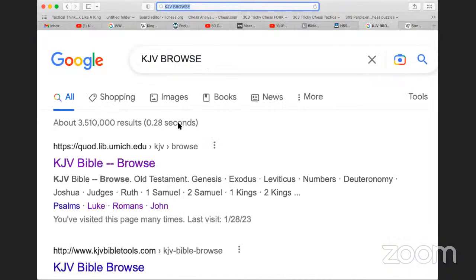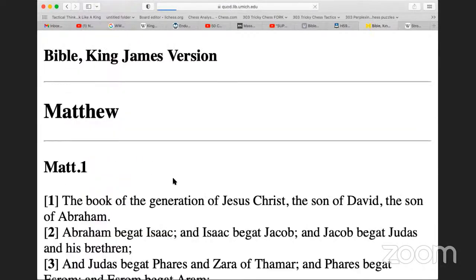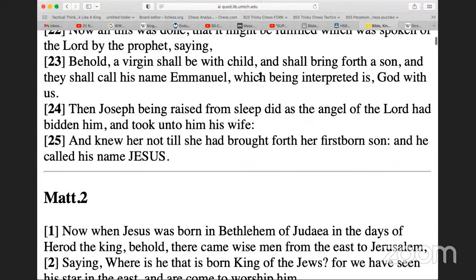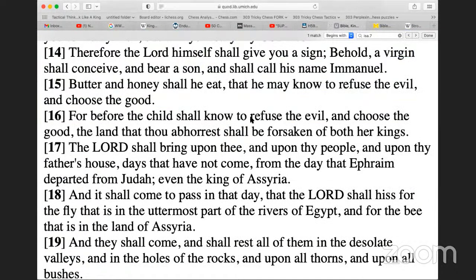So it's widely known worldwide that Matthew 1:23 was quoting, it says, "Behold, a virgin shall be with child, and she shall bring forth a child, and they shall call his name Emmanuel," which being interpreted is God with us. So the complaint is that this word is supposed to be this word.